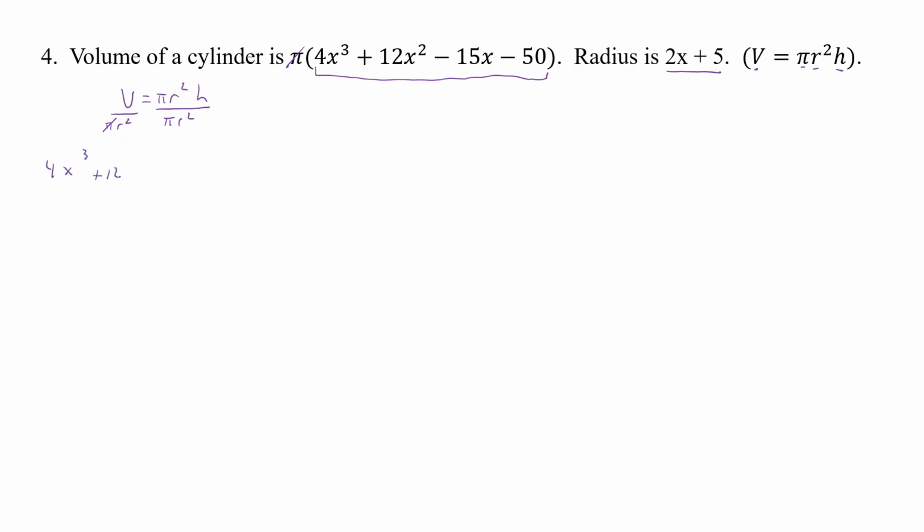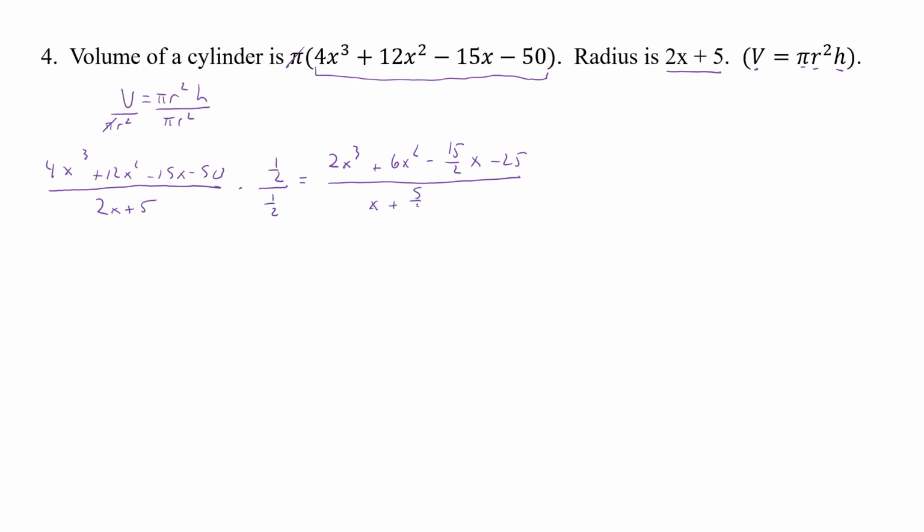So what we're going to have to do is multiply by a half over a half. And so 4 divided by 2 is going to give us 2x to the third, plus 12 divided by 2 is 6x squared, minus 15 over 2 x, and then minus 25, divided by x plus 5 halves.